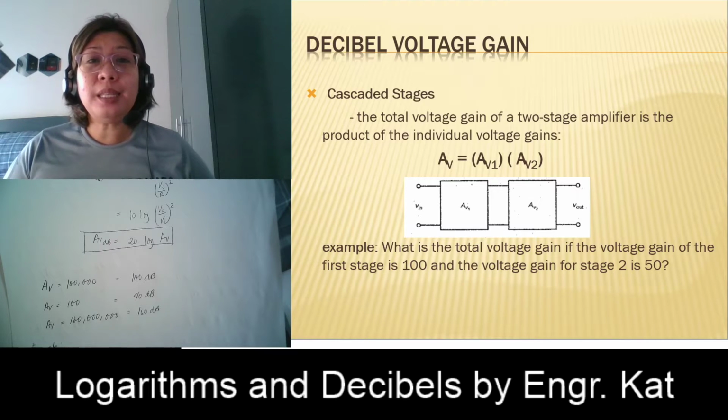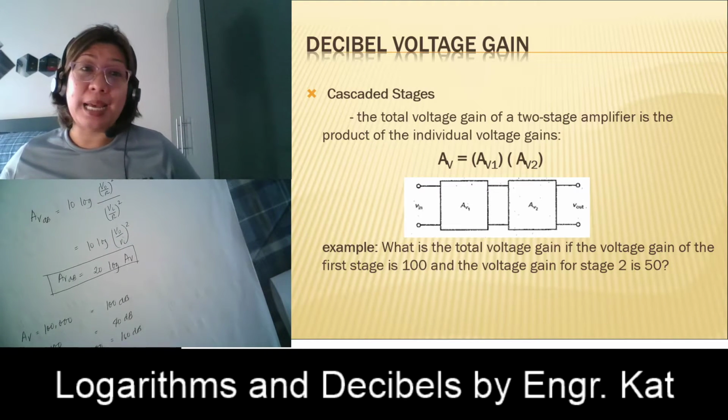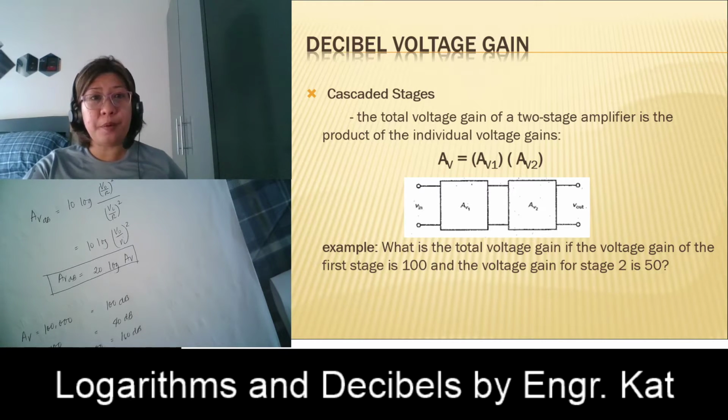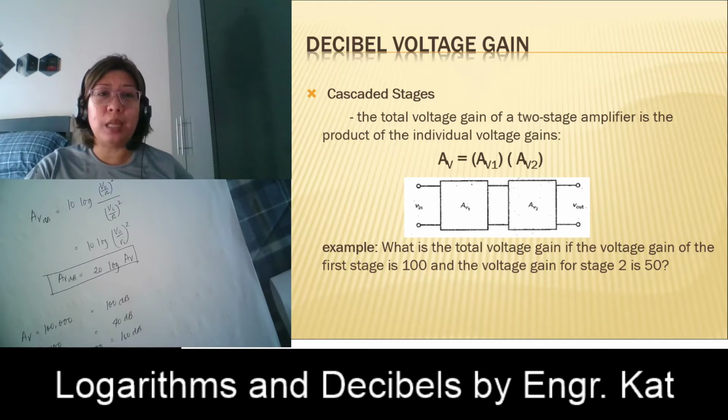So for cascaded stages, we have discussed cascaded stages in our previous video. The total voltage gain of the two-stage amplifier is the product of the individual voltage gains. So we have here your AV total equal to the voltage gain of your first stage multiplied by the voltage gain of your second stage.